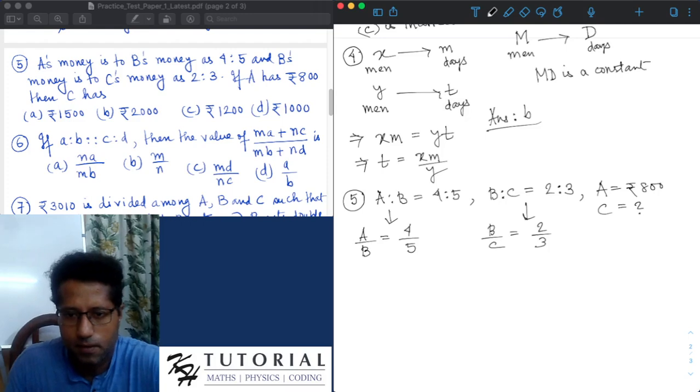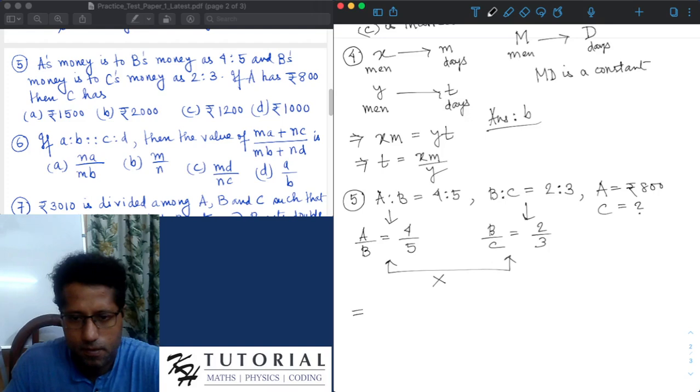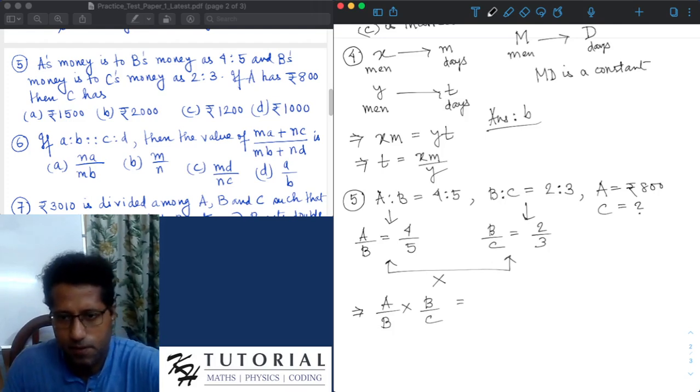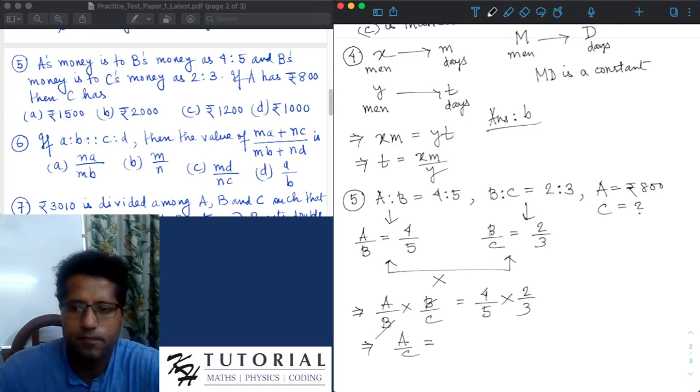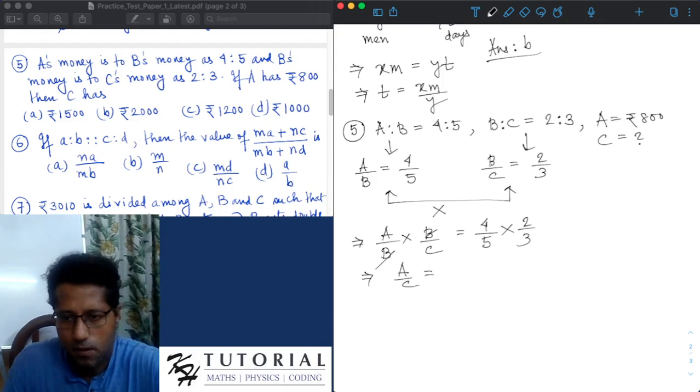Now if I multiply these two, A by B multiplied by B by C, A by B is 4/5, and B by C is 2/3. So from the left hand side B cancels, we get A by C equals, the right hand side is 8 by 15.